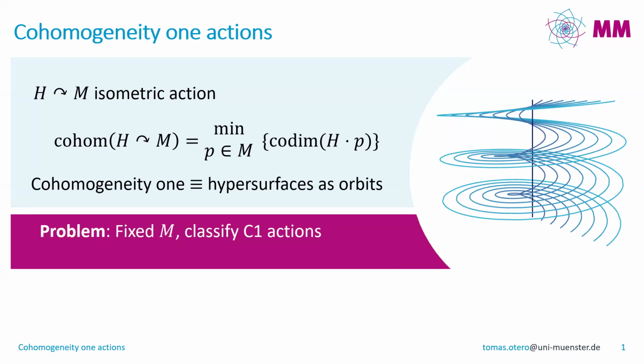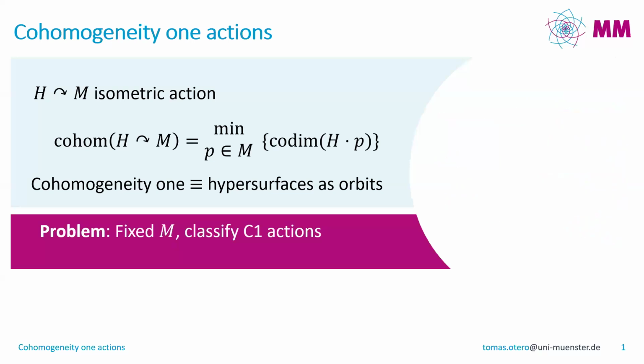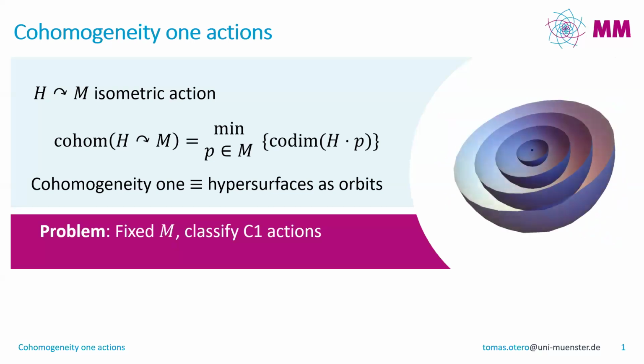This is of cohomogeneity 2. Or, for instance, the action of the group of rotations SO(3) on Euclidean space gives us as orbits a fixed point at the origin and spheres around it. So this is an action of cohomogeneity one.